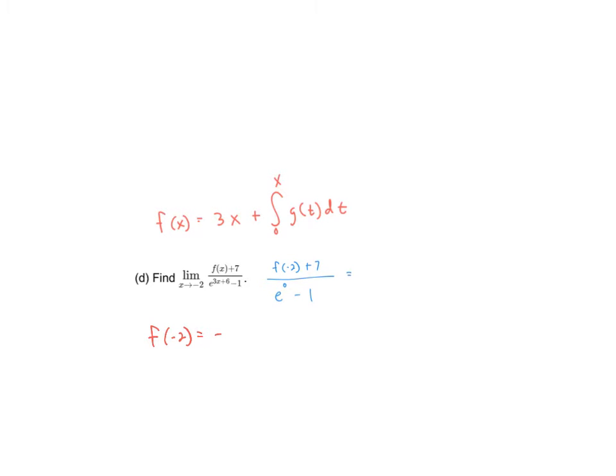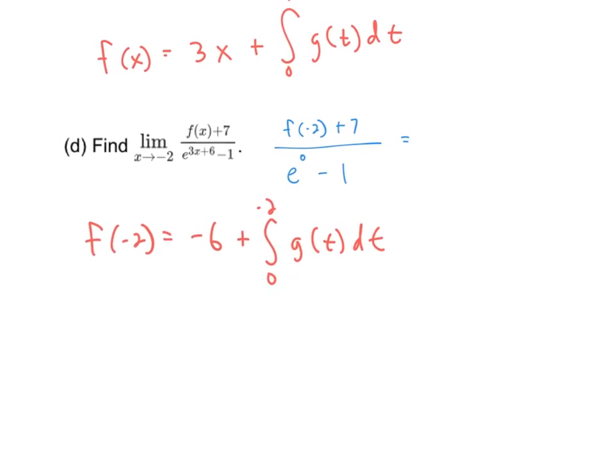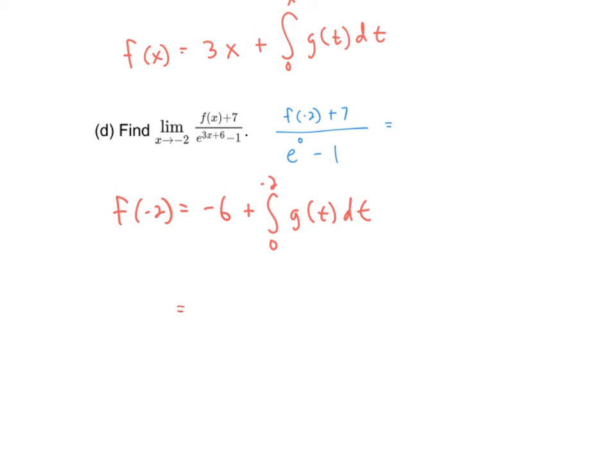f of -2 equals -6 plus the integral from 0 to -2. I just plugged in -2 for the two x's, and then we'll start solving this. Keep in mind, we want to interpret this integral as finding area under the curve of the graph above.